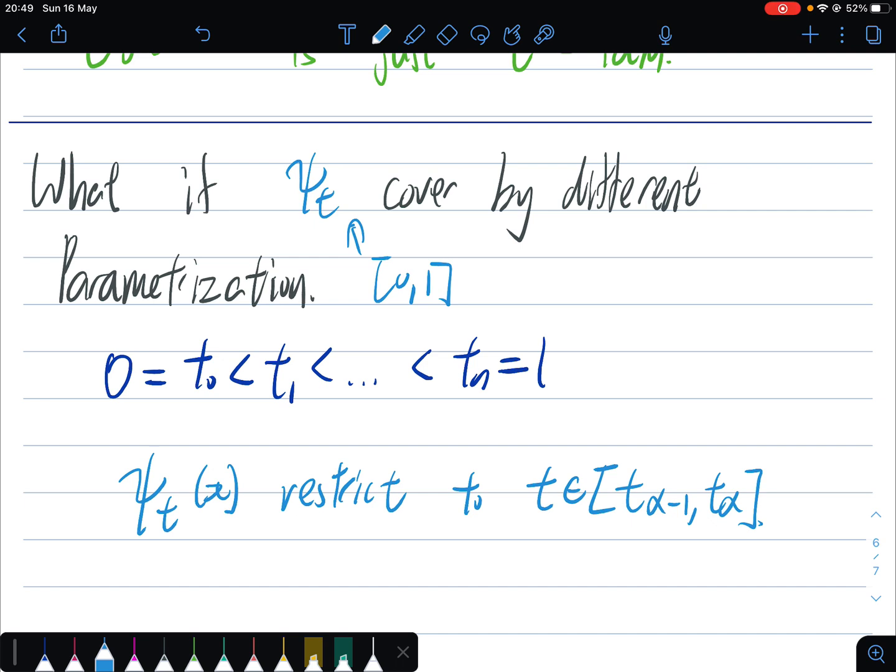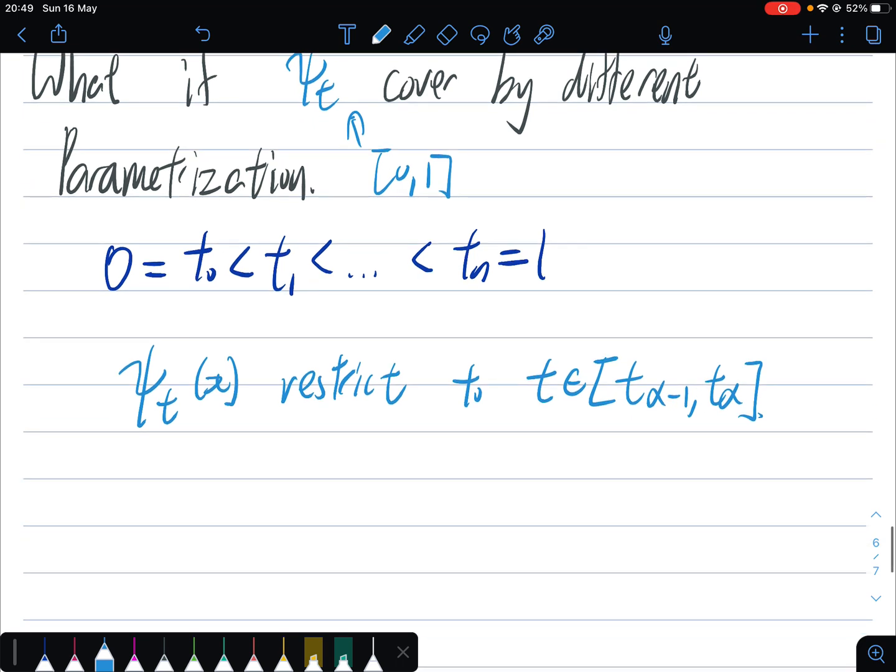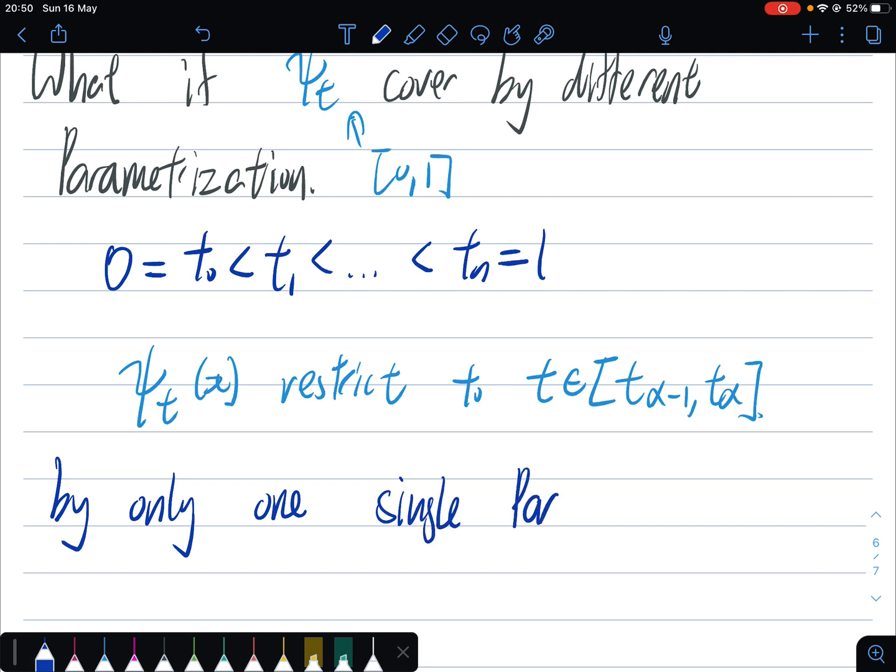They are only well defined when restricted to each partition, which is by only one single parameterization.